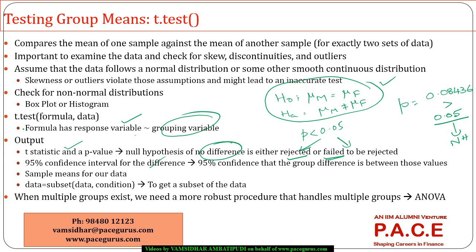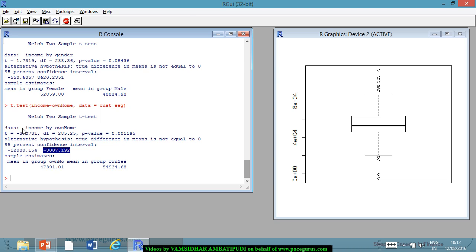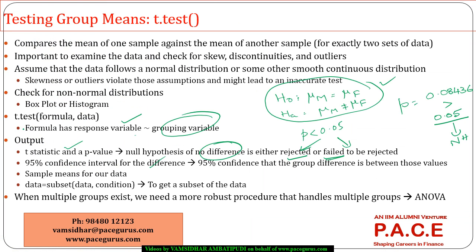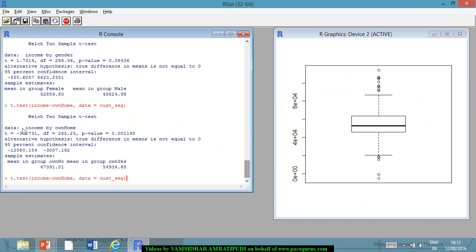In some cases, I may not look at the whole data. In some cases, I may want to do it on a subset of data. Let's say instead of taking the whole customer segment data, I want to take only the males.